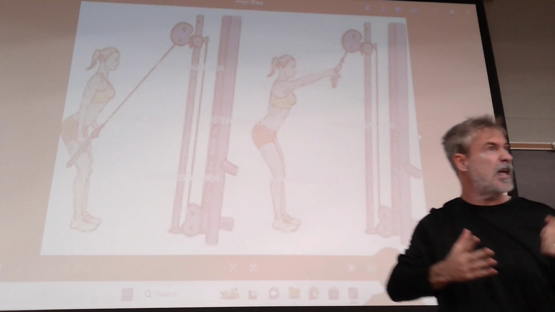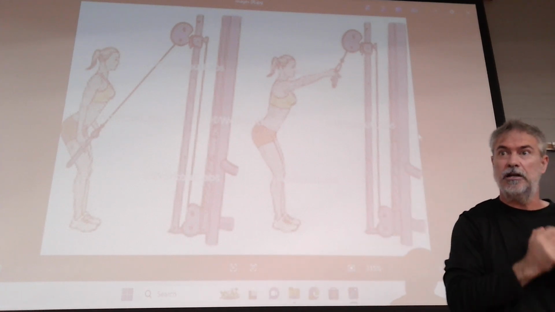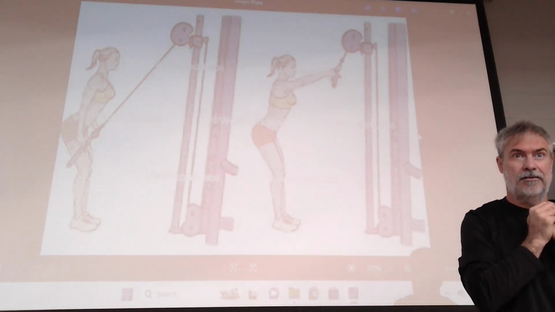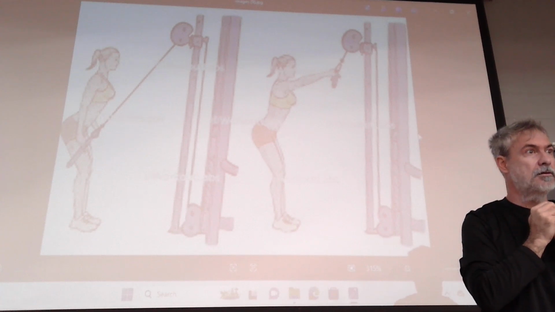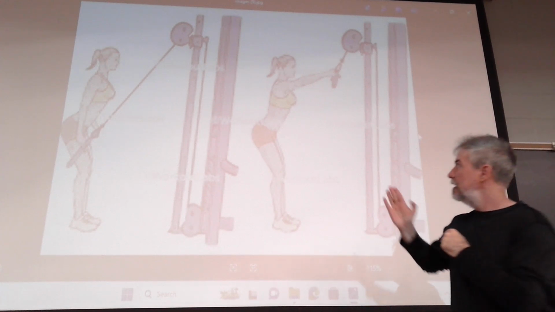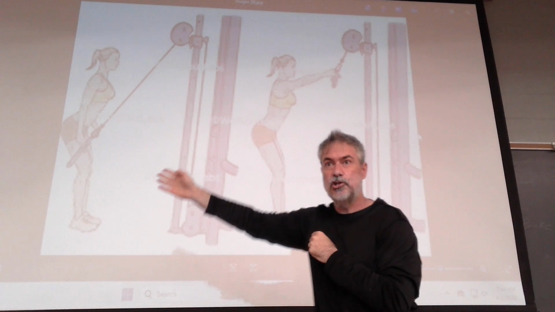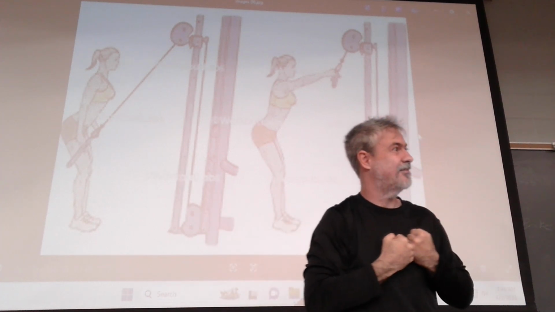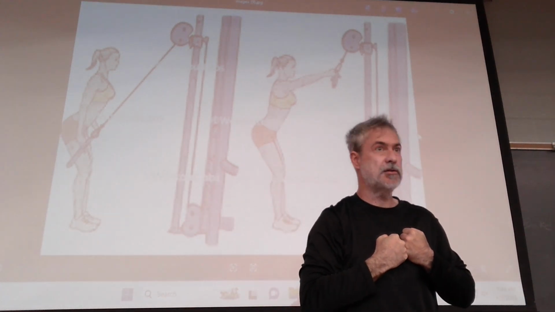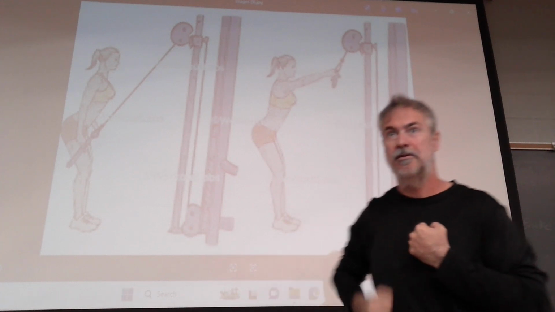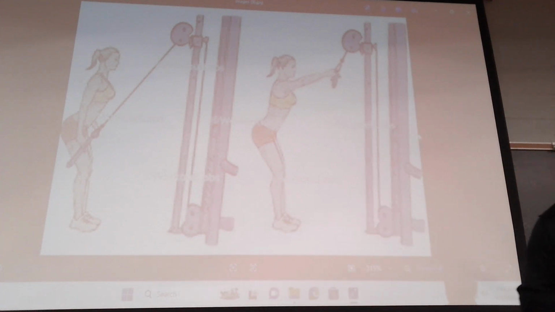Extensors do flexion eccentrically. See how that works? Extensors do extension concentrically. See how that works? No pun intended. I lied. That was a pun intended. See how that works? See how that contracts?